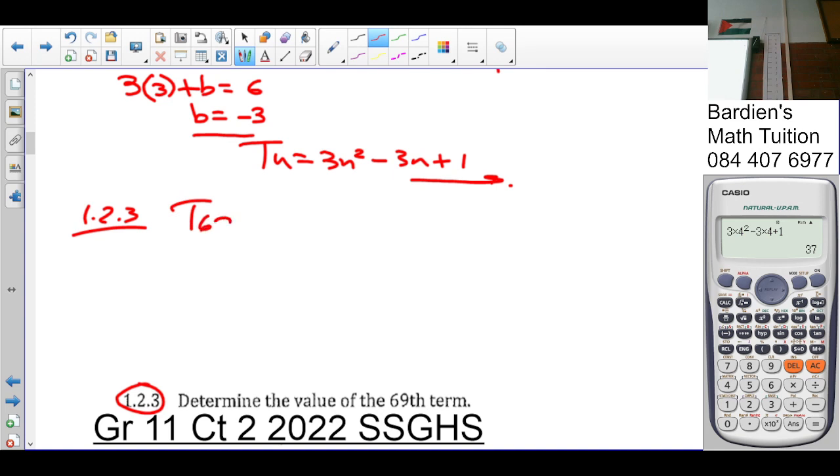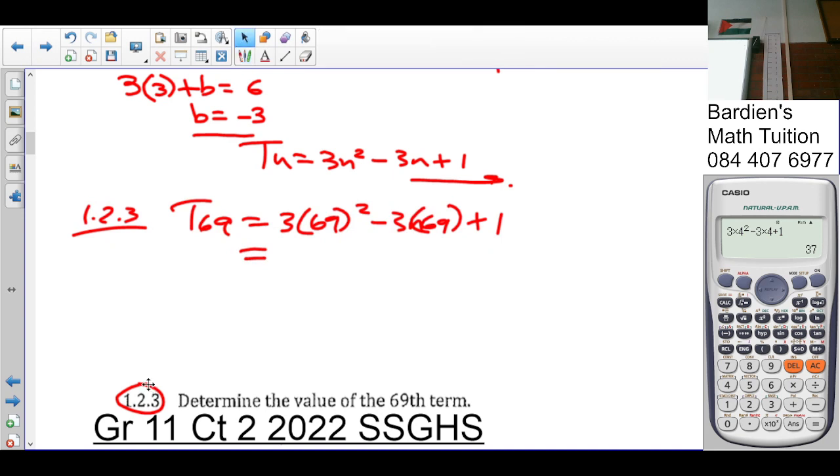So T69 is equal to 3 times 69 squared minus 3 times 69 plus 1. So that is going to be 3 times 69 squared minus 3 times 69 plus 1. We have an answer of 14,077. Is that correct?